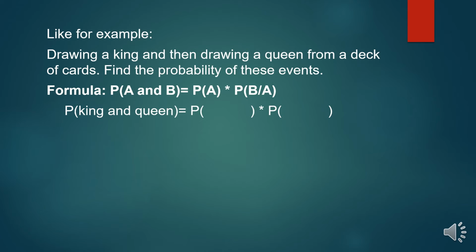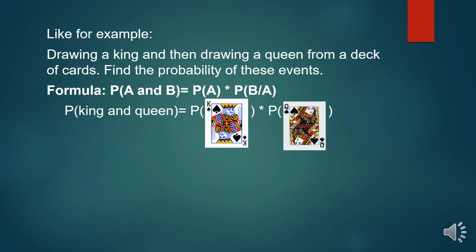That's what that means. So in this case, the probability of getting king and queen is, first of all, the probability of A is 4 out of 52 because there are 4 kings in the deck of 52 cards. Then the probability of B, having drawn A already, is 4 out of 51 because there are 4 queens in the deck, but now there are only 51 cards left because we already took out the king.